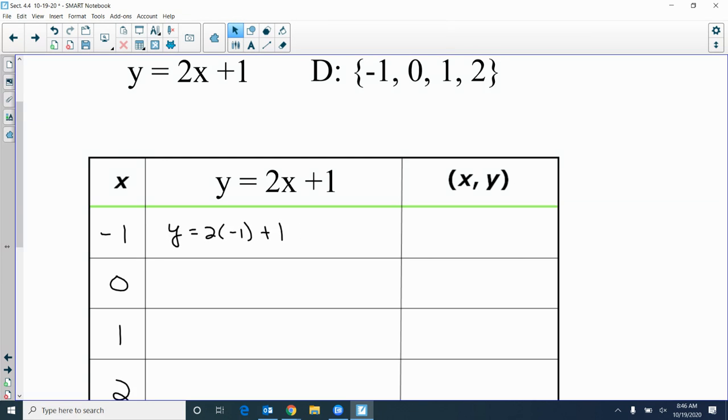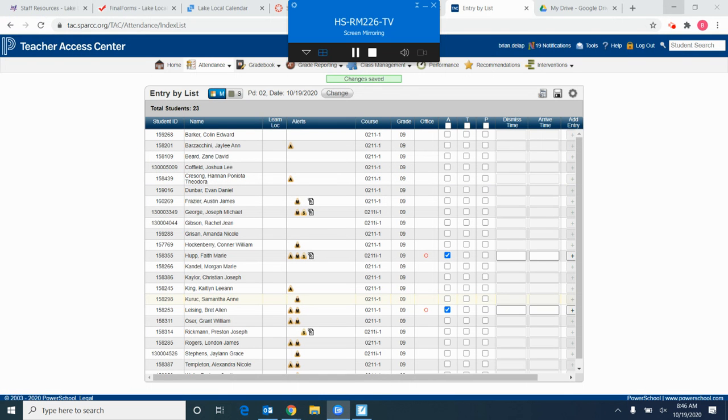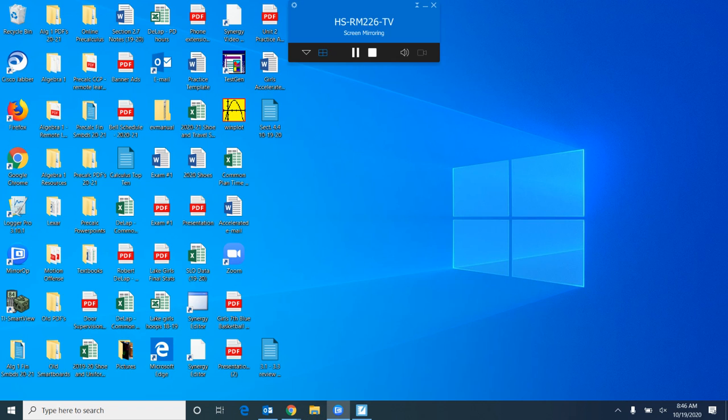And then, all right, and then you can use your calculator, try to do it mentally, see what you come up with. Plug that in. And actually, let me see if I can get my calculator up and running.